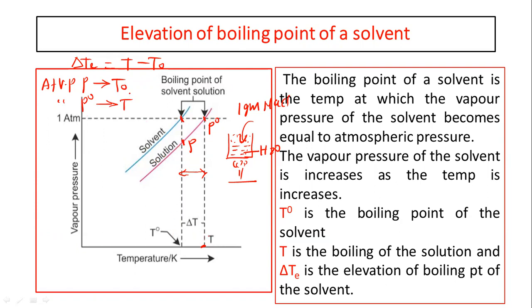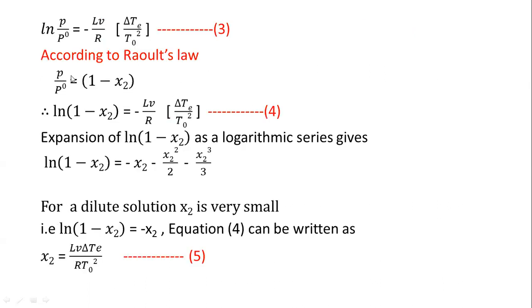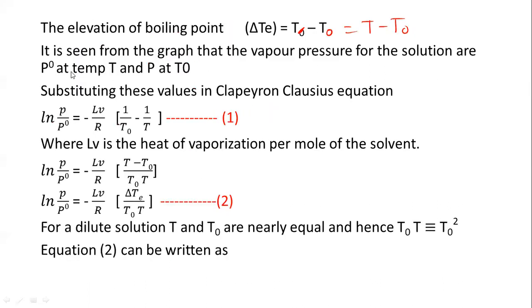For this, we can apply the Clapeyron-Clausius equation. From the graph, the vapor pressure of the solution is P0 at temperature T and P at temperature T0.